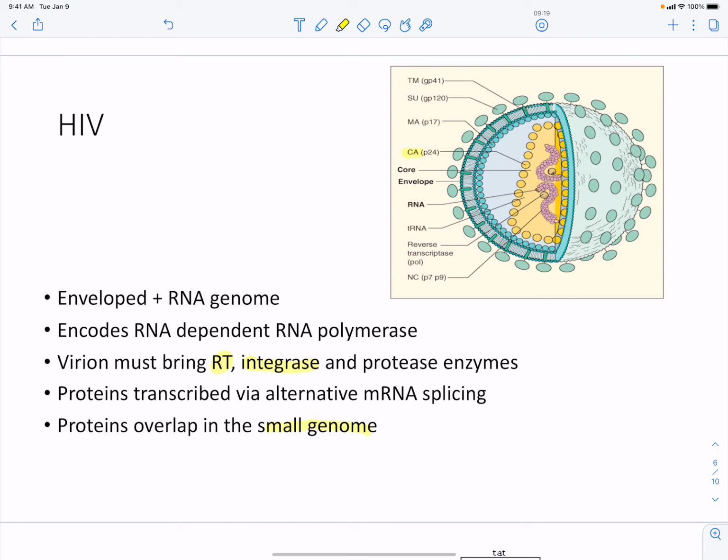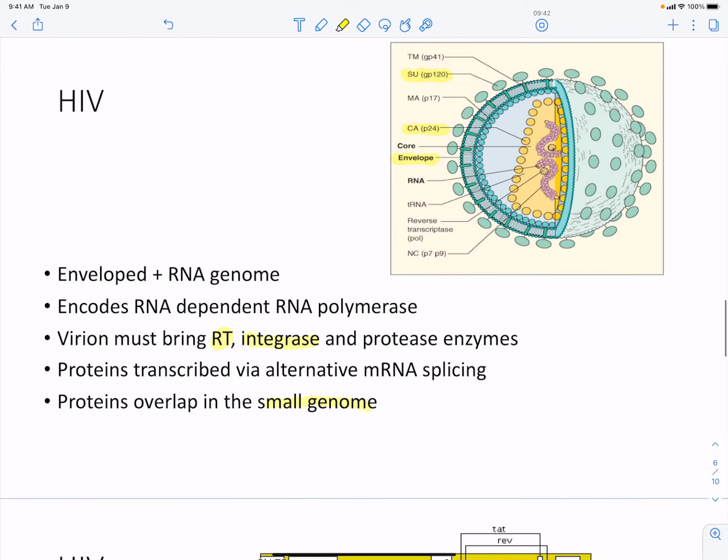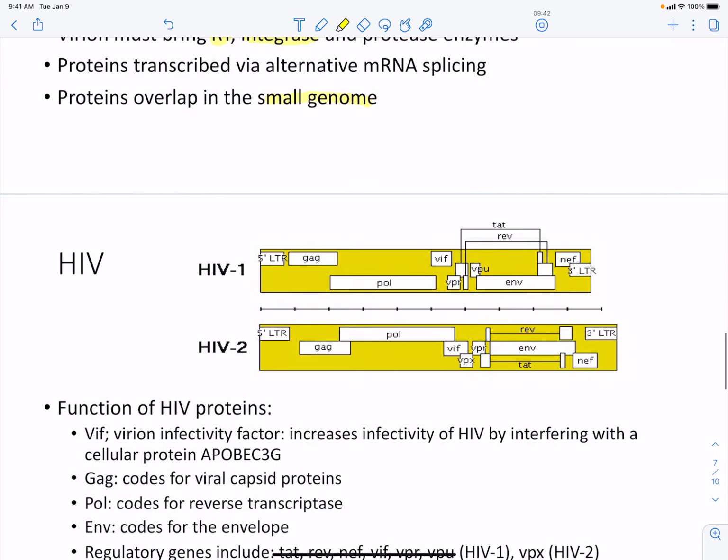And here's your capsid P24 antigen that's very stable, and that's what's used for diagnostics. Your envelope proteins are what are going to bind to your CD4 and your chemokine receptors, CCR5 or CXCR4, especially GP120. GP120 is glycoprotein 120, which will bind to the receptors and initiate infection.